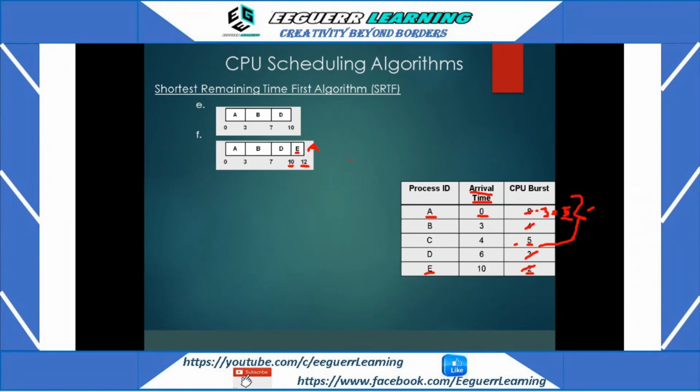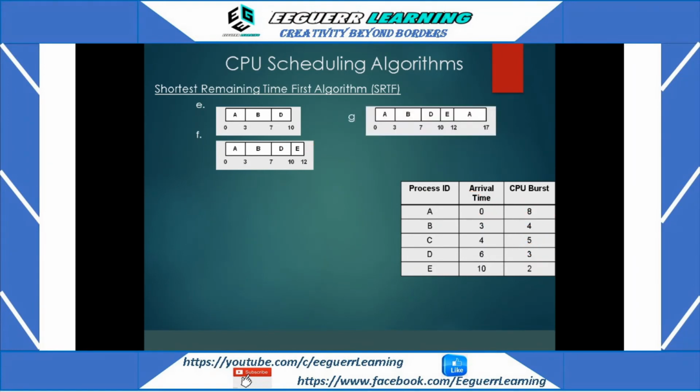Okay, so let us check if that's the case. We have here process A, and the remaining 5 has been added to 12. So 5 plus 12 will give us 17.